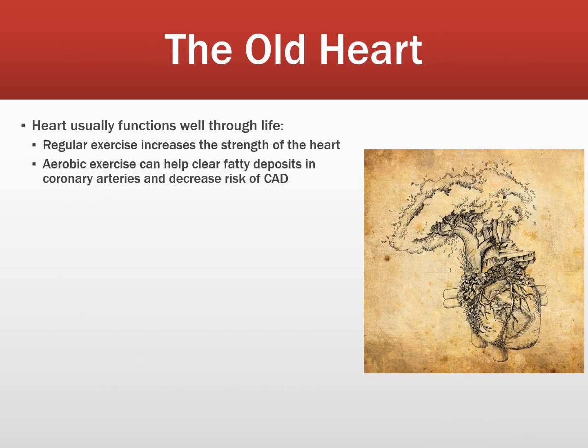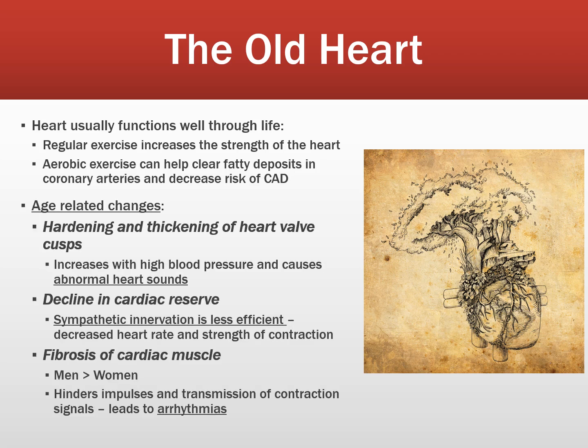Now, your heart generally functions fairly well through life as long as you have regular exercise to help keep the strength of your heart up. Aerobic exercise helps to clear that atherosclerosis, those fatty deposits, to try to decrease your risk of coronary artery disease.